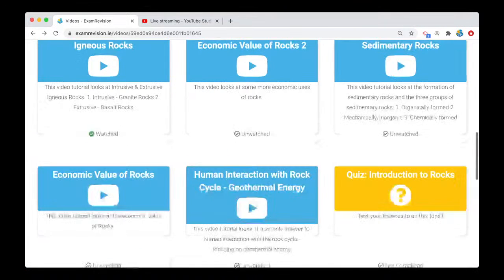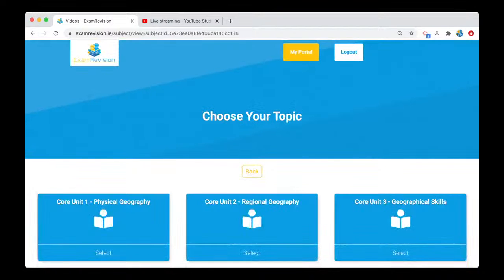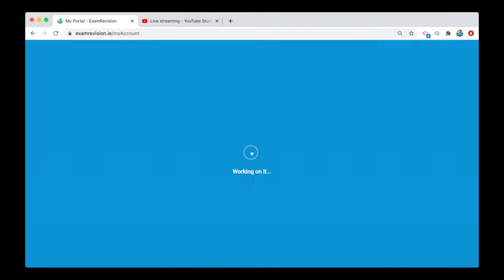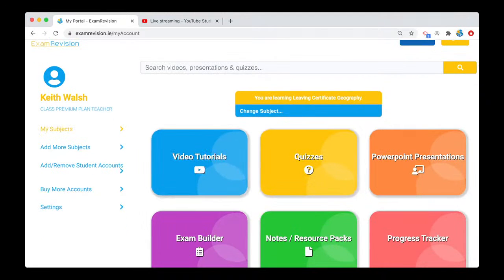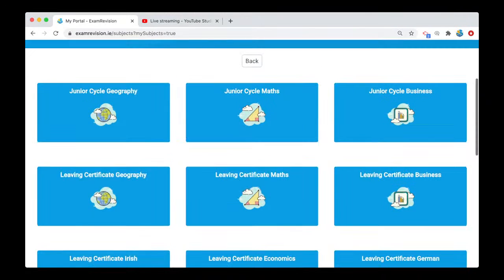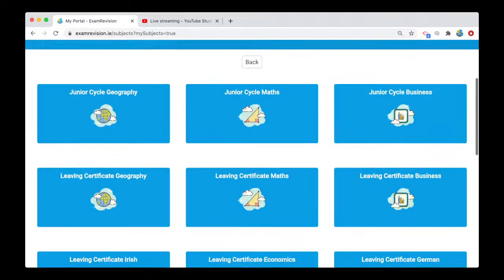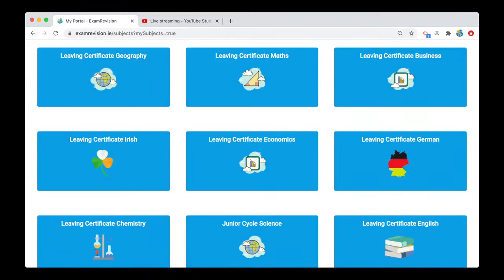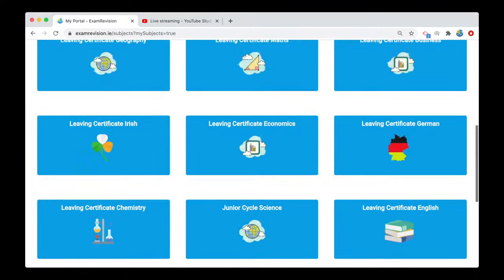It's like this for every subject that we have on ExamRevision. At the minute we have junior cycle geography, maths, business and science, and then for Leaving Cert we have geography, maths, business, Irish, economics, German, chemistry, and English. All the subjects are exactly like that.